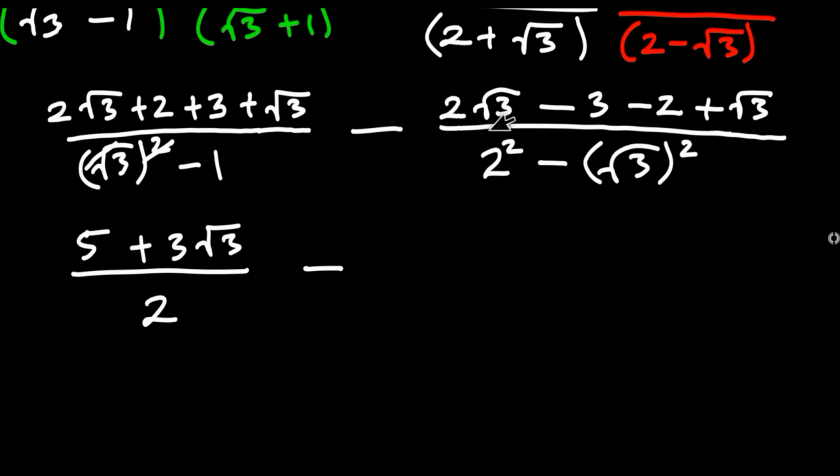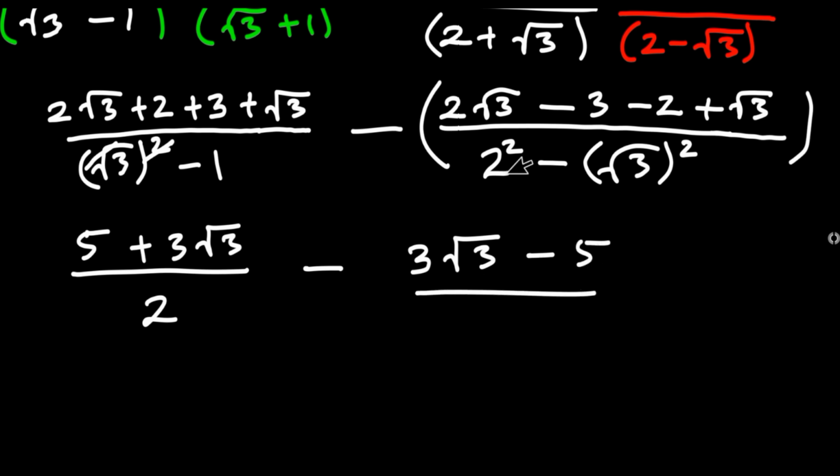Now looking at what we have right here, it is advisable to put this in parentheses since this negative is affecting everything. 2 root 3 plus root 3, that is going to be 3 root 3. Then we have negative 3, negative 2, that is going to be negative 5, all divided by, we have 2 squared, which is 4. Then don't forget that this and this will go. We have 4 minus 3, which is 1. And of course, any number divided by 1 is the number itself.